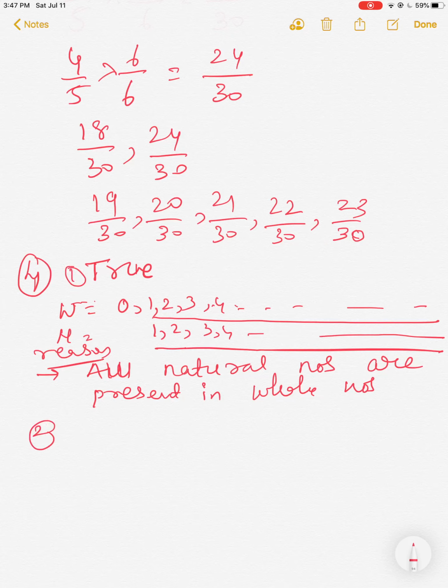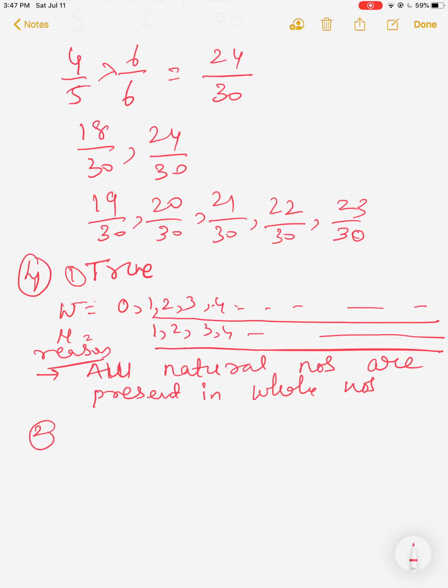The second one is: every integer is a whole number. Integers are represented by Z, and we have 0, negative integers and positive integers. 0 is also there in the integers.